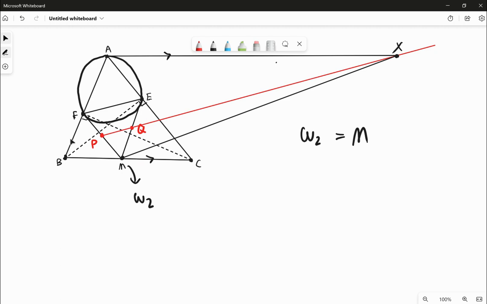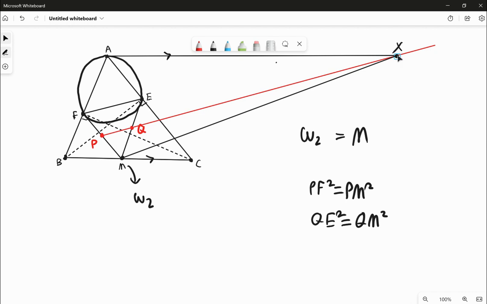In other words, we want to prove that PQ is a radical axis. But we already did this. We note that PF squared is equal to PM squared, and QE squared is equal to QM squared. So we are done.